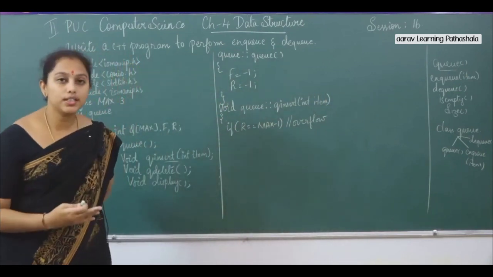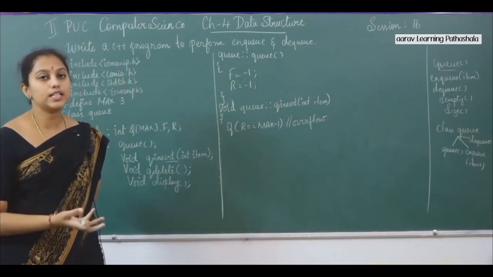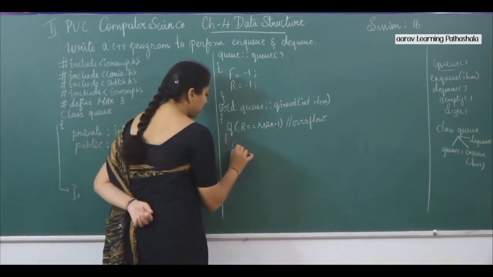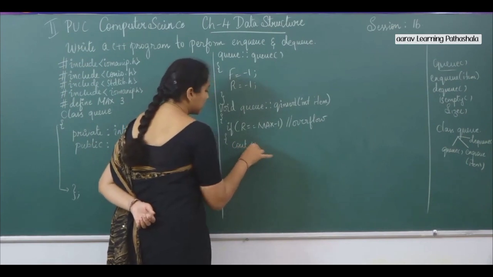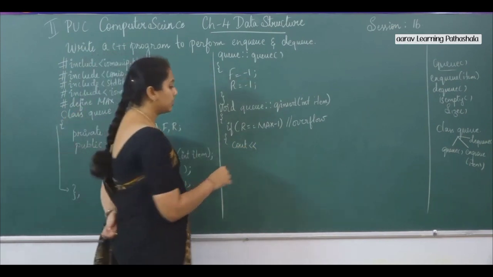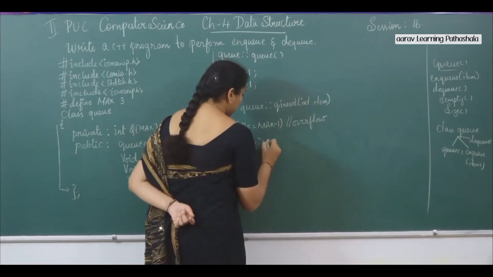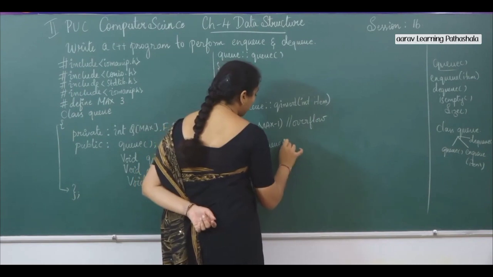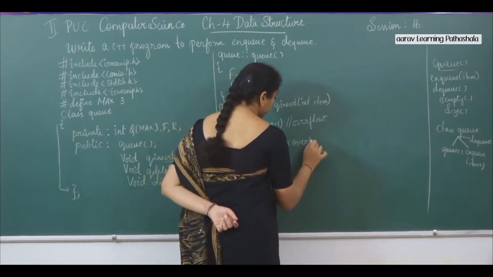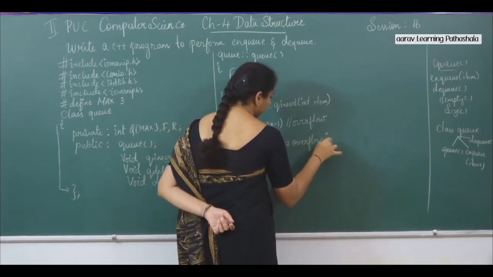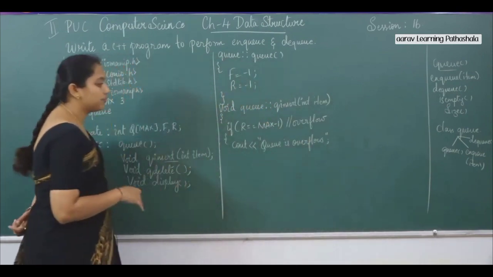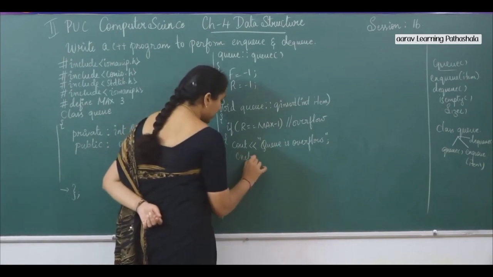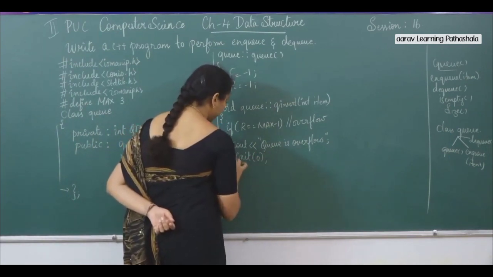If the queue is already in overflow state, we cannot insert any item into the queue. In this case, we have to display the message using the cout statement, with the insertion operator. We have to print it as queue is overflow. We have to return from this function.